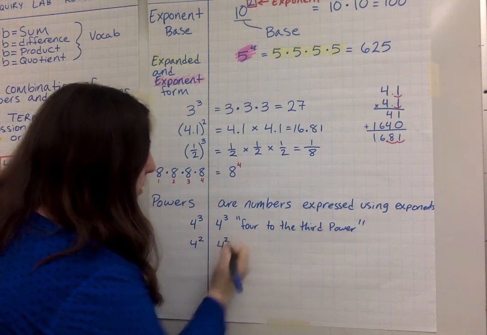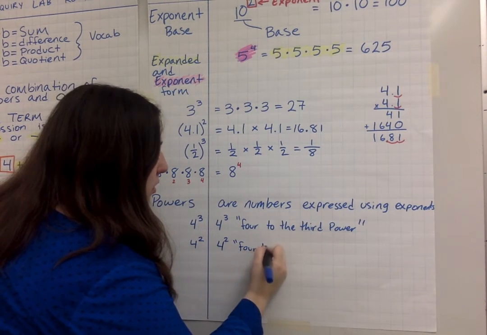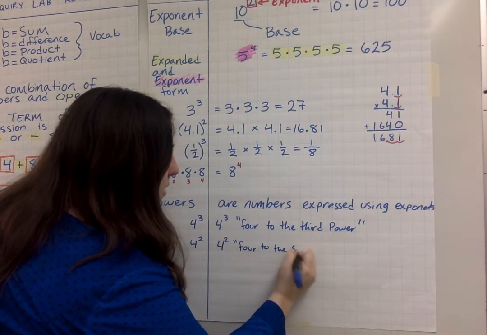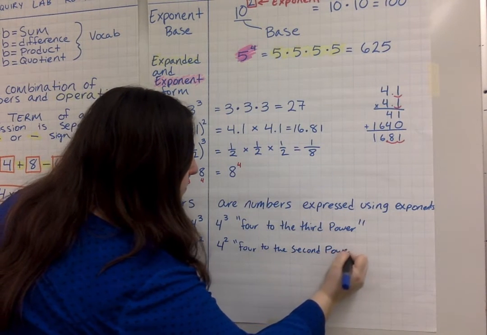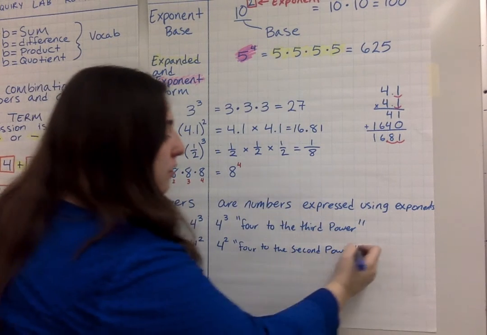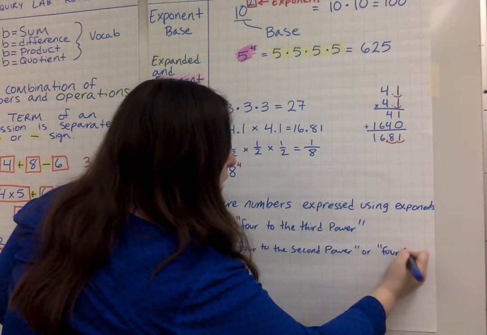You can say 4 to the second power, or 4 squared.